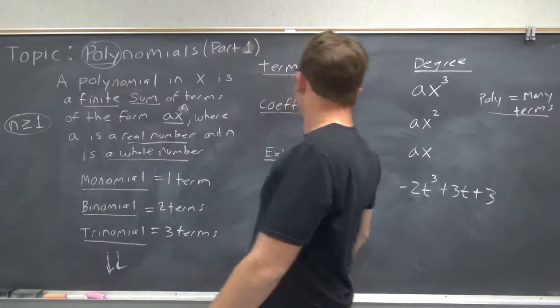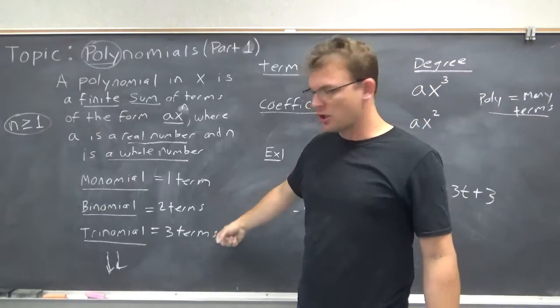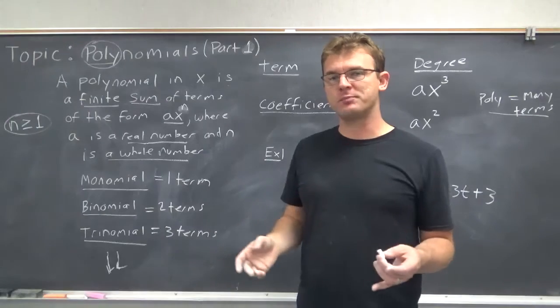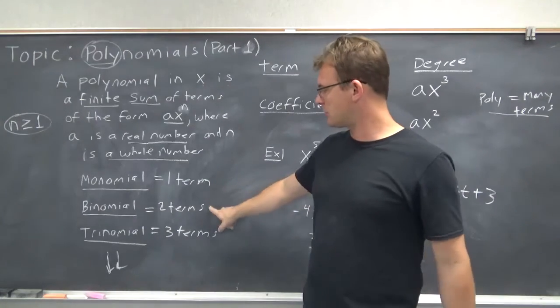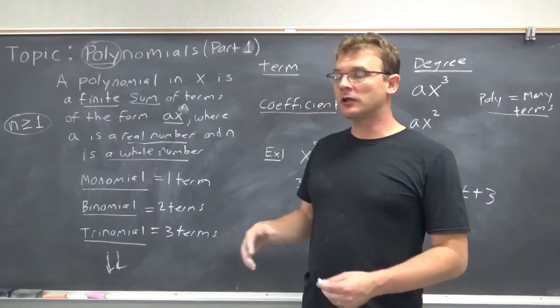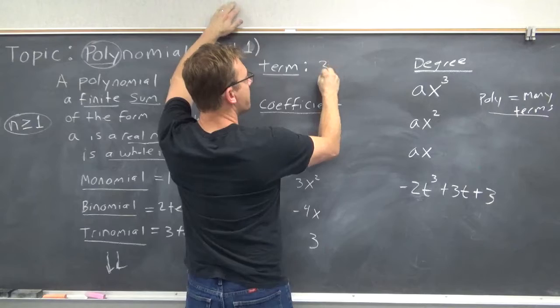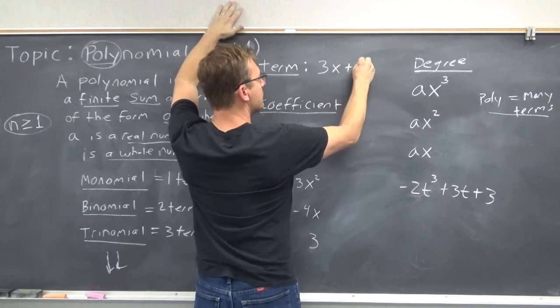Okay, so I have mentioned these. What are terms? I have mentioned one term, two terms, and three terms. What's a term? Well, a term is technically something like this.